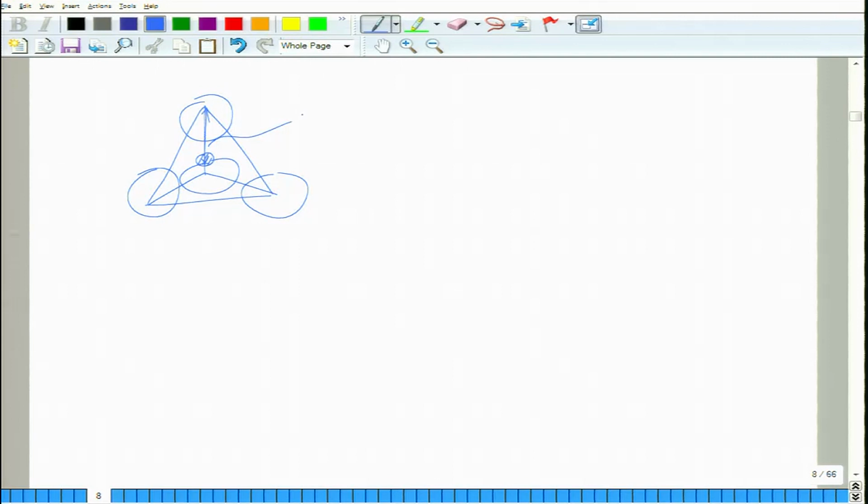If this is A and this is B, then AB is equal to R plus R tet. You need to work out AB in terms of small r using the geometrical methods of a simple tetrahedron. This will again give you the same relation.